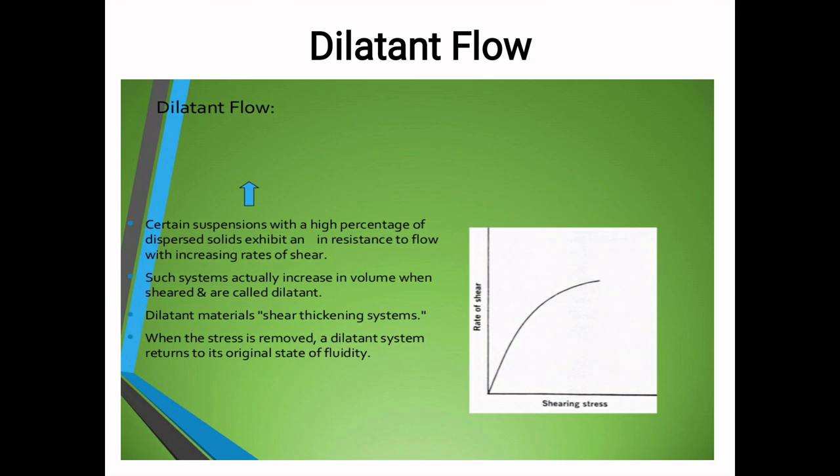Such systems actually increase in volume when sheared and are called dilatant, or shear thickening systems. It is because the solid content is much higher. That's why, when pressure is applied, it becomes thickened.